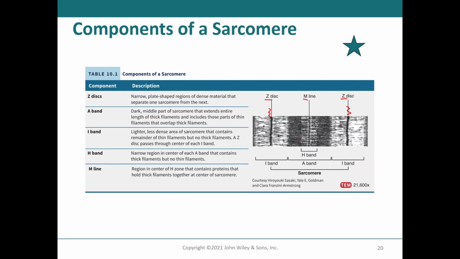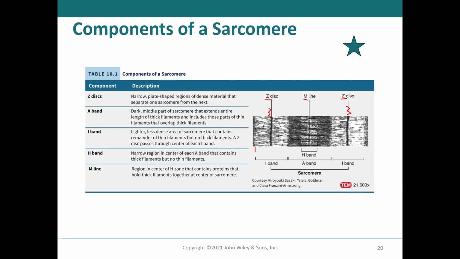So now we go into these things called the bands, and we go about what they look like, and then we can associate what filaments and structures we see in these bands. I like to start with the I band.